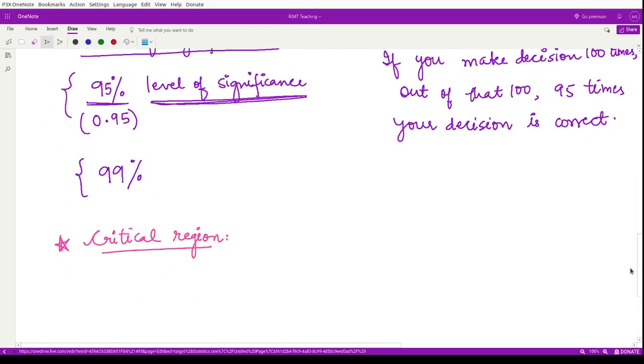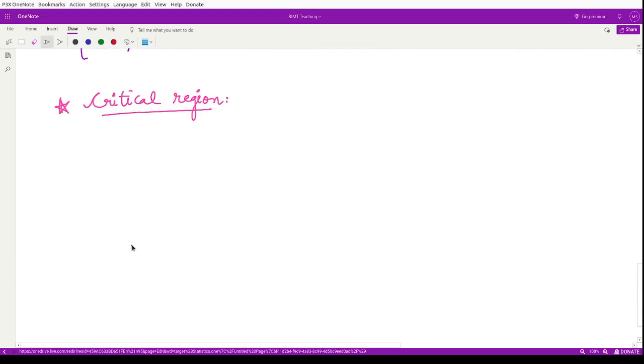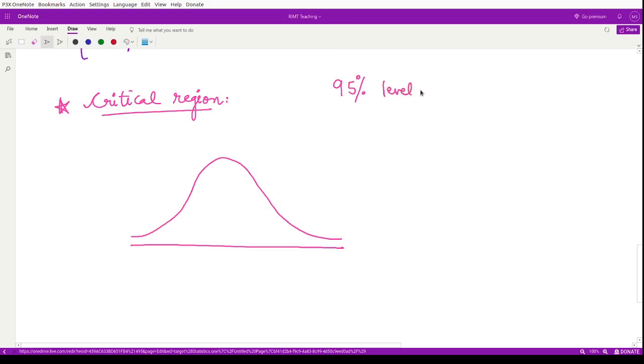So for this critical region, we see this distribution, and for this particular distribution, say I wanted to test for 95% level of significance. So for this level of significance, I will go to the tabular value and see what the tabular value is.